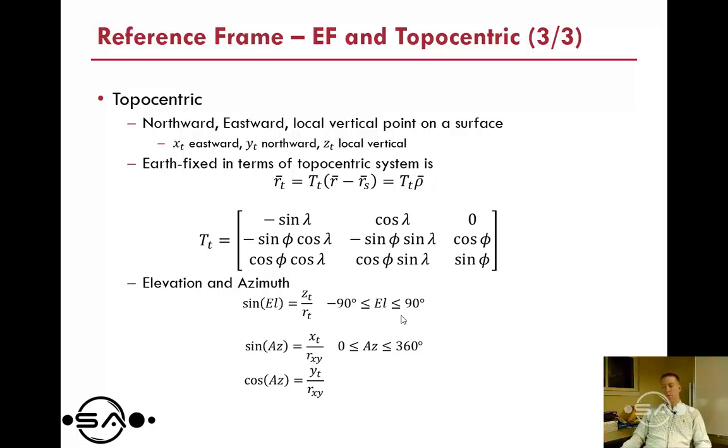And then finally, most times we'll use elevation and azimuth angles in order to track observations overhead. Because remember, topocentric, where are we getting our observations for the most part? From ground stations. And so the topocentric frame will define some ground station and the observations that it's taking, typically with elevation and azimuth angles as the object of interest passes overhead.